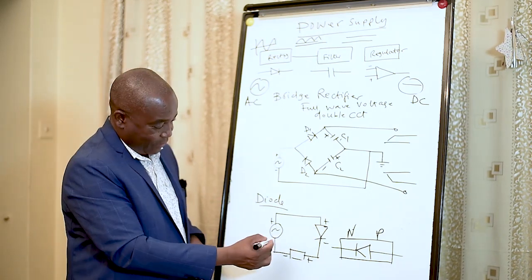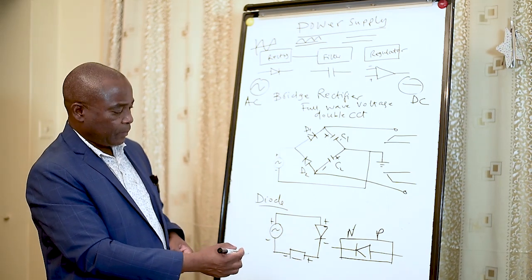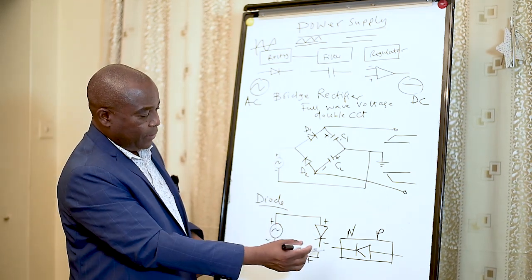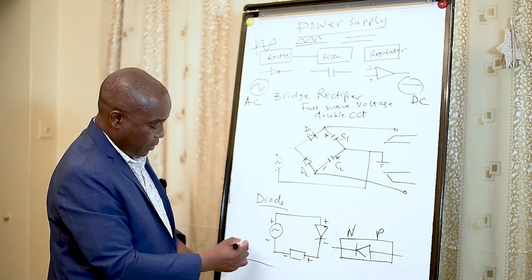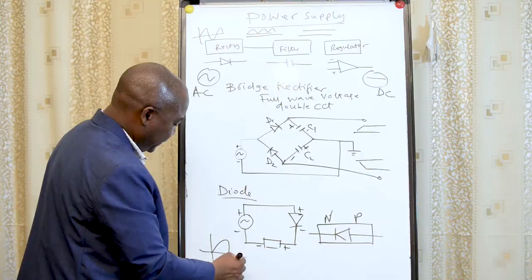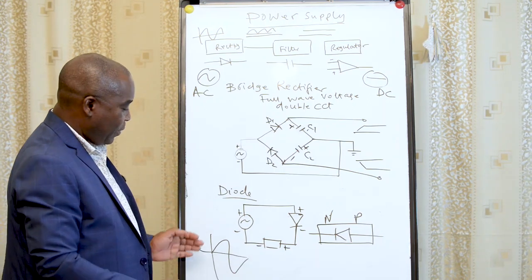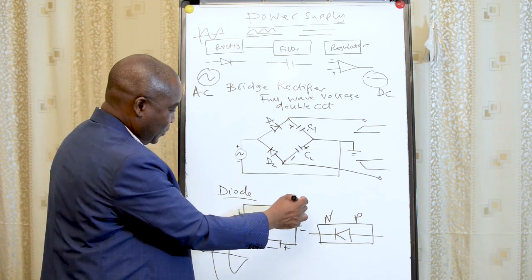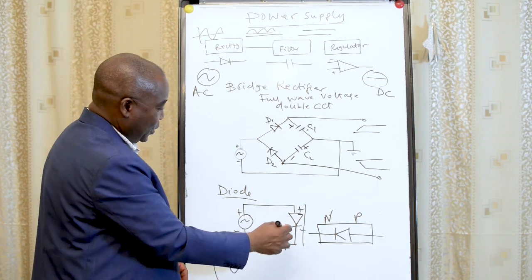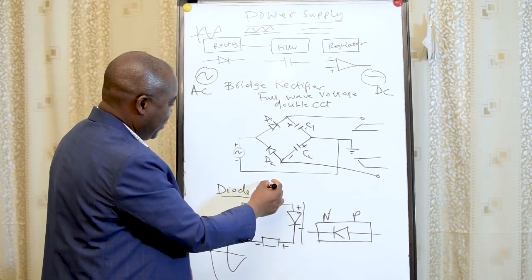This is the circuit of a diode, and what the diode does is that it allows the wave, the positive one, to pass through, which we call forward bias.